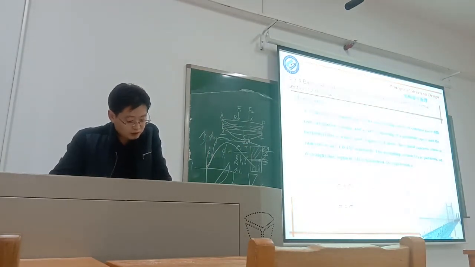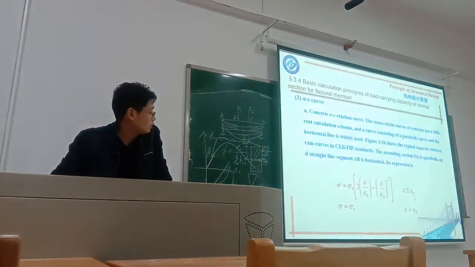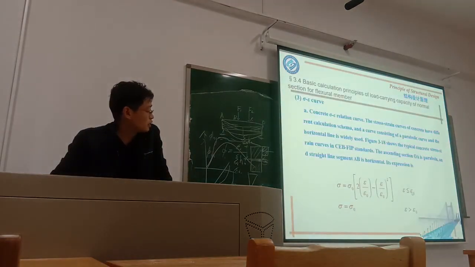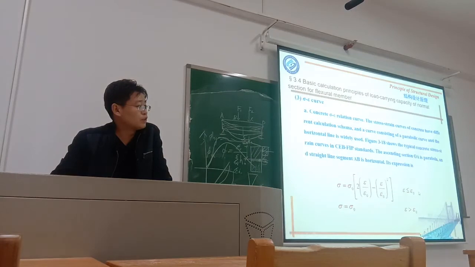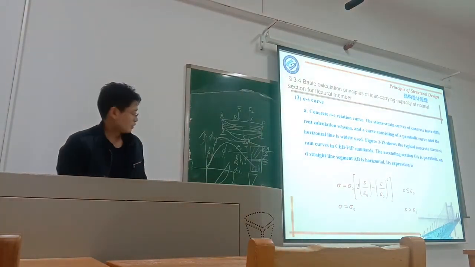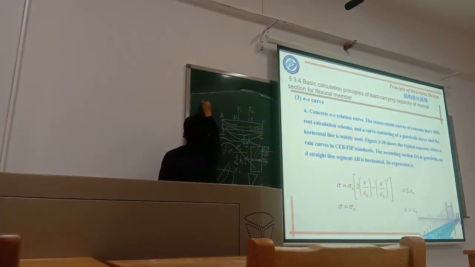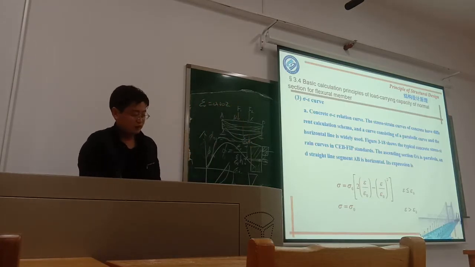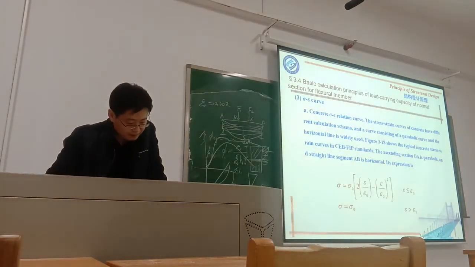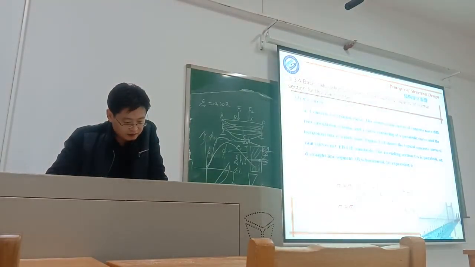So use this formula. When epsilon is smaller than epsilon 0, normally this epsilon 0 equals 0.002.